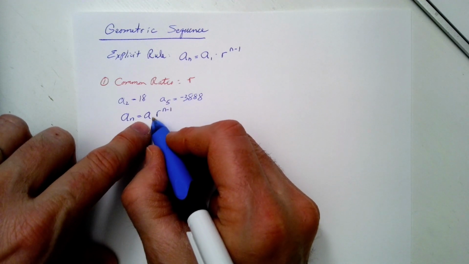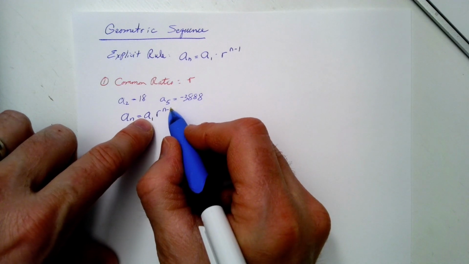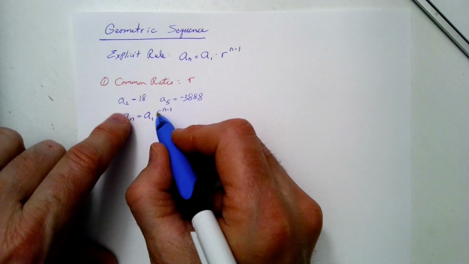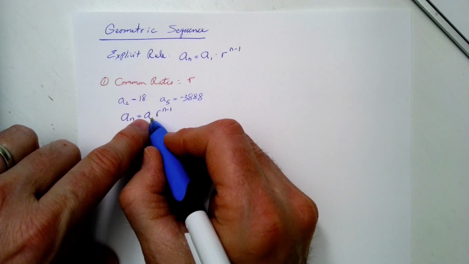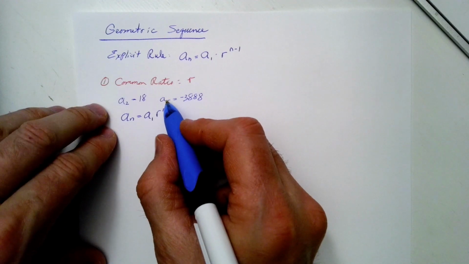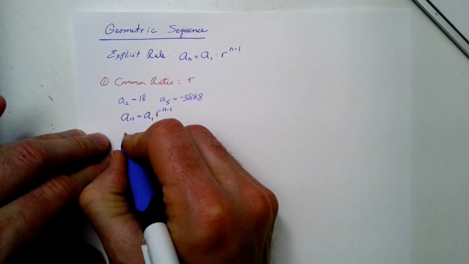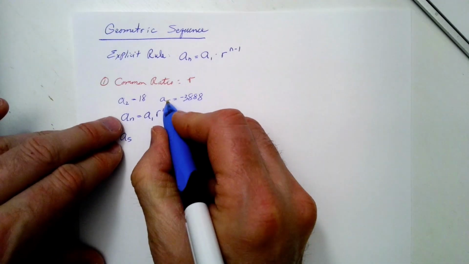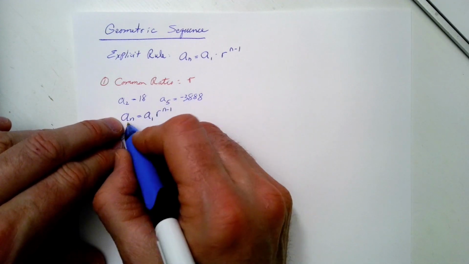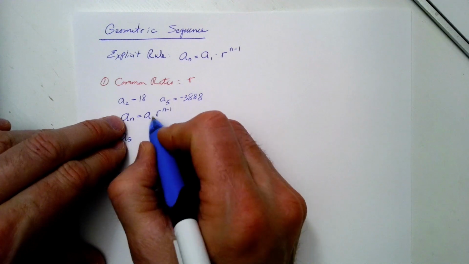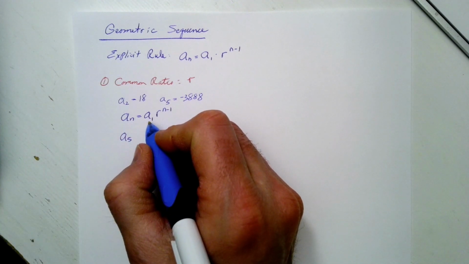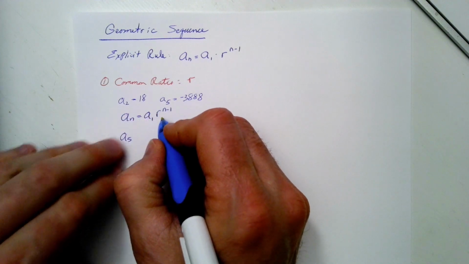So we have the one here and the one here, and so we're going to instead have a2 and n minus 2. Okay, so we're going to have a5, because this is the subsequent one down the road, and with that we can solve for the common ratio.